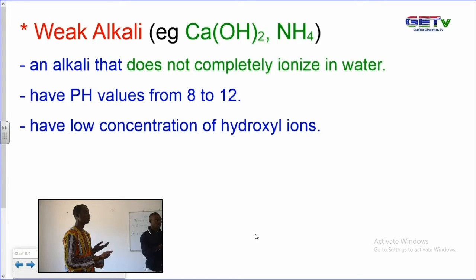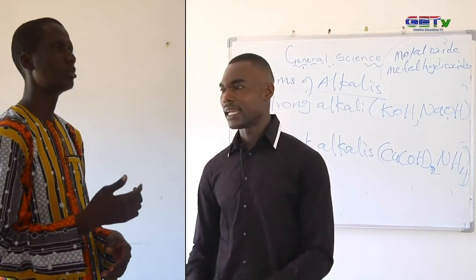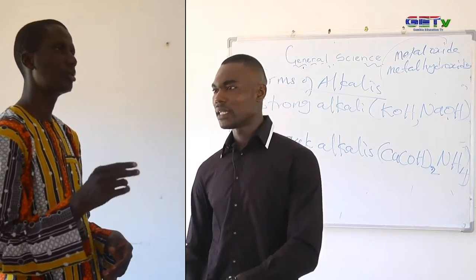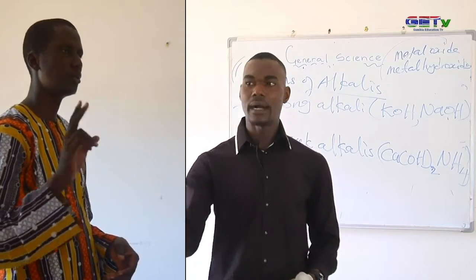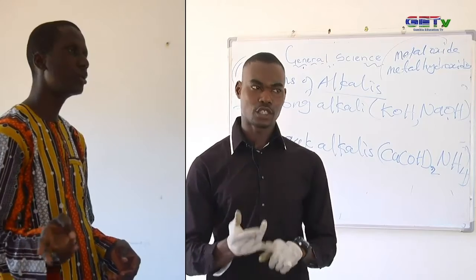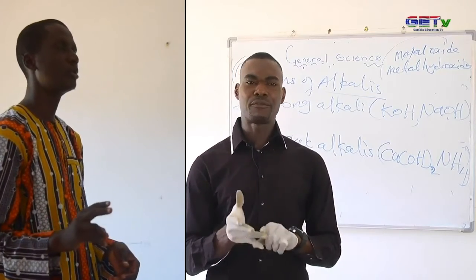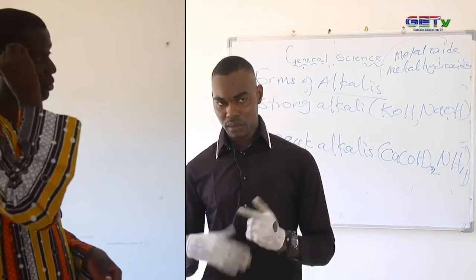They don't completely dissociate in water to form ions. Two, they have a pH of 8 to 12. So pH 8 is a weak alkali, pH 9 is a weak alkali, pH 10 is a weak alkali, pH 11 is a weak alkali, and pH 12 is a weak alkali. But remember, pH 13 is a strong alkali. pH 14 is a strong alkali.